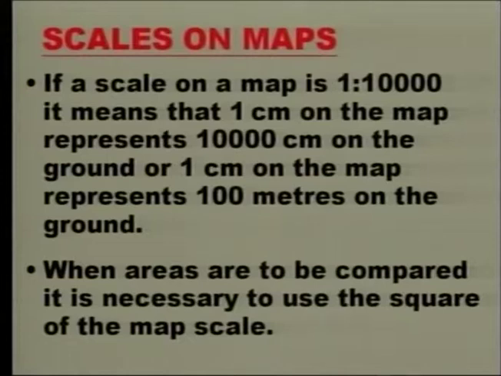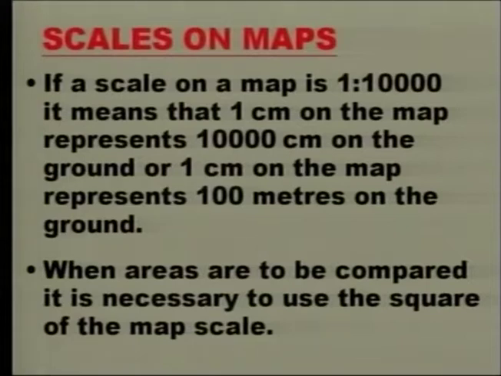Because for a scale to be written in ratio form, it has to be in the same unit, and centimeters is the one that is used. 10,000 centimeters happens to be 100 meters as well. So 1 centimeter on the map represents 100 meters on the ground.